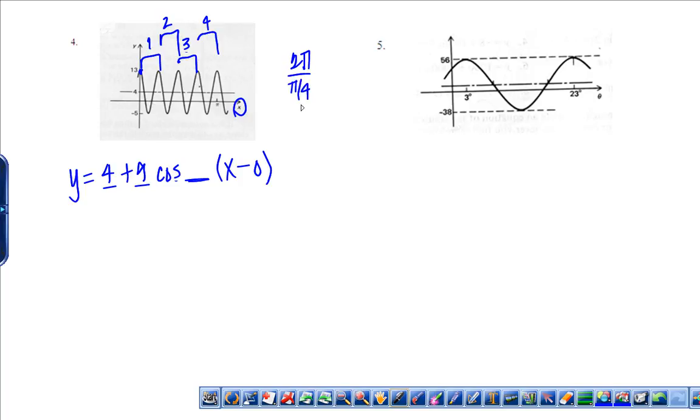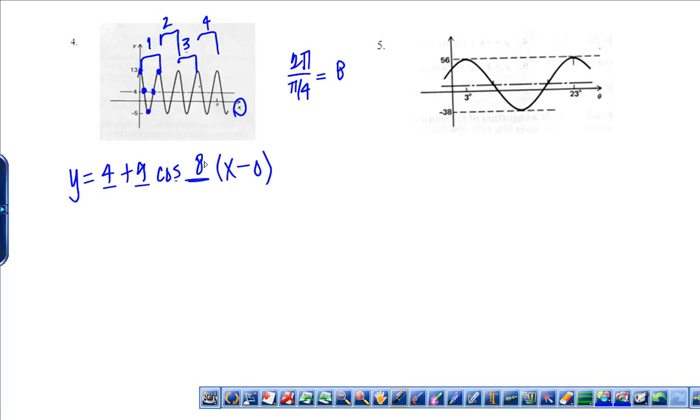Why did I say pi over 4? Because if I say pi minus 0, that gives me my cycles. And if I say pi divided by 4, that gives me 1 cycle. All right? So 2 pi over pi over 4 is going to give me 8. Okay. 8 is my b value.